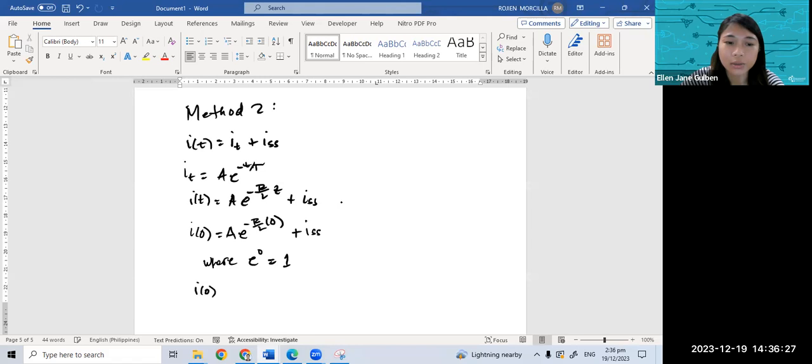So I at 0 is equal to A plus I steady state.